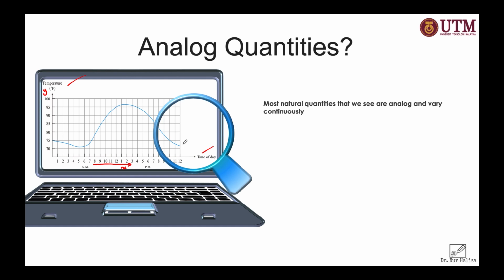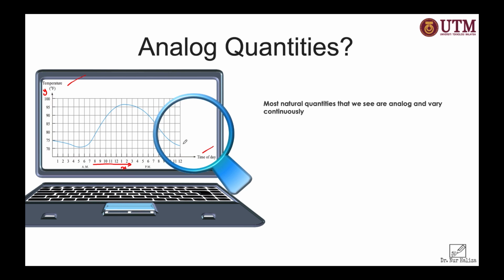Most natural quantities that we see are analog and vary continuously. This was also discussed in the forum last time, because I gave the wrong answer for that question. Basically I'm quite happy because you tried to find the correct answer and learned it on your own.